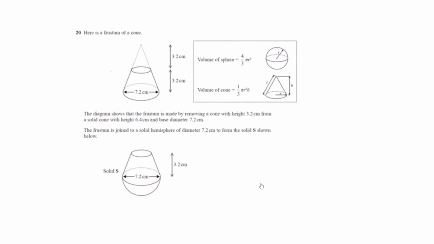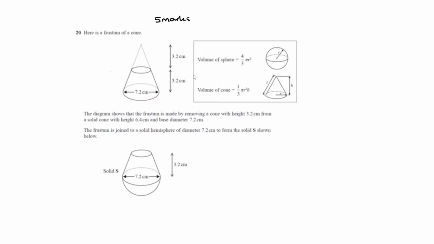This one might be quite a good one because it's actually a really big question. It's got a frustrum, it's also got a hemisphere, and then it's relating to density as well. So this is probably the biggest type of question you could get. This is obviously a 5 marker, this one. 5 marks. Okay.